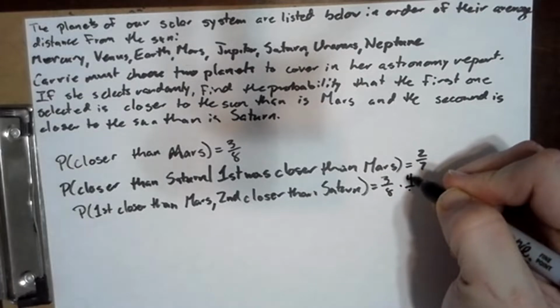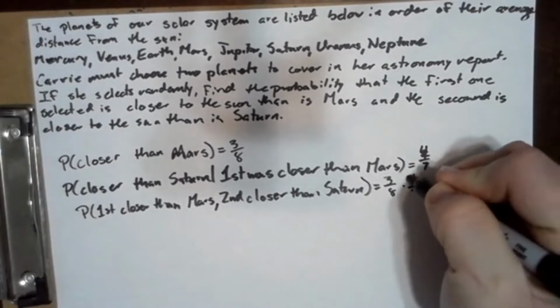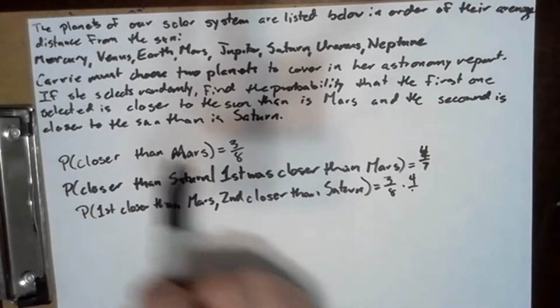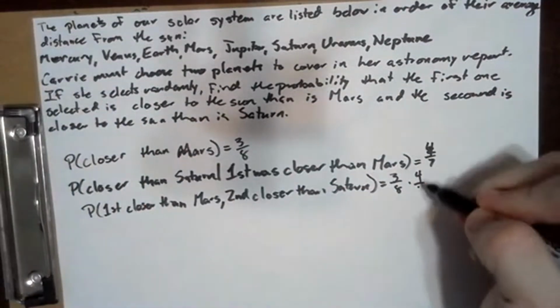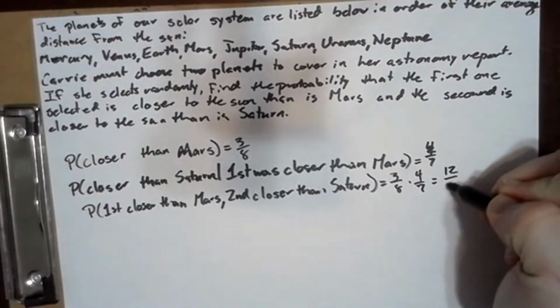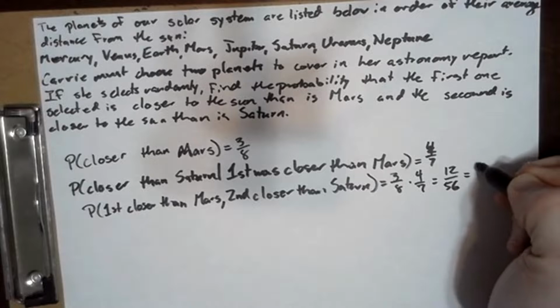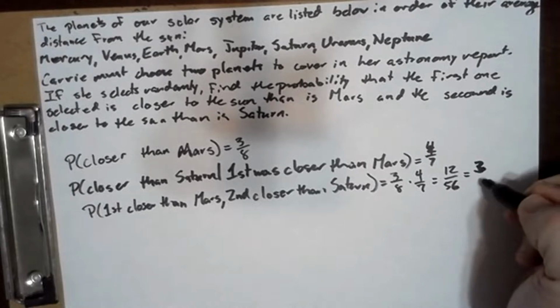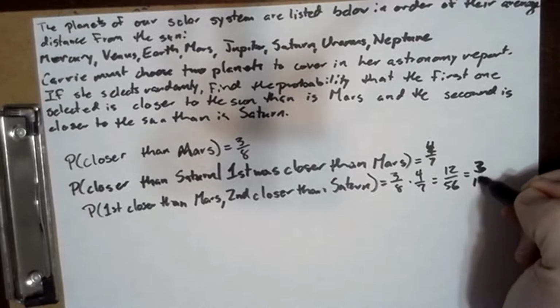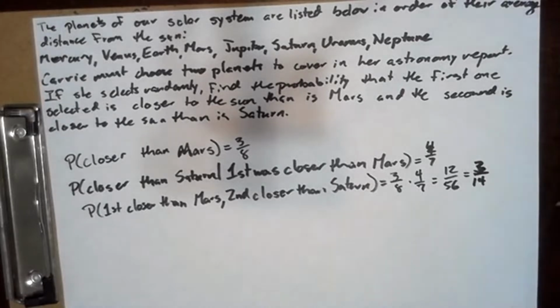This should have been 4/7, not 2/7. Sorry about that, because we have 4 planets closer than Saturn now. It is 12 out of 56, or 6/28? Well, we can divide both of those by 4 to get 3. 56 over 4 is 14. 3/14.